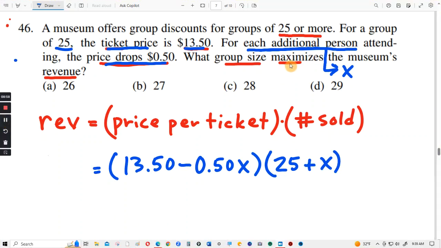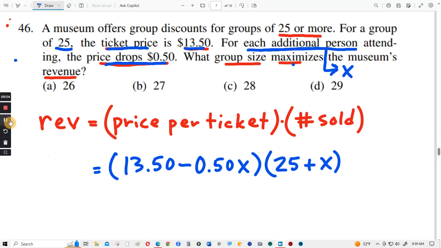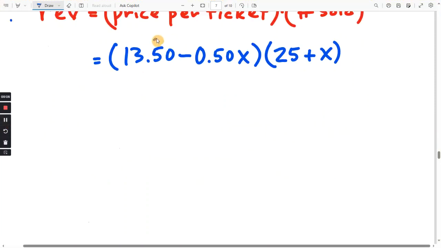All right, we're looking to maximize, so we're looking to get a quadratic equation here. We're going to have to distribute this. Distributing $13.50 times 25, that's going to give us $337.5.